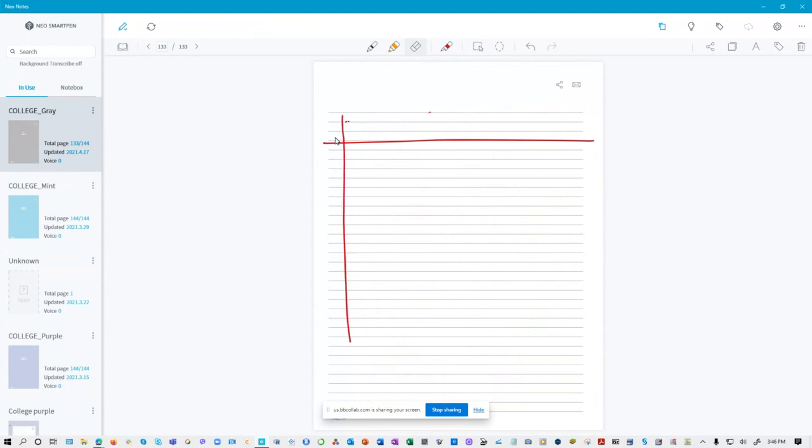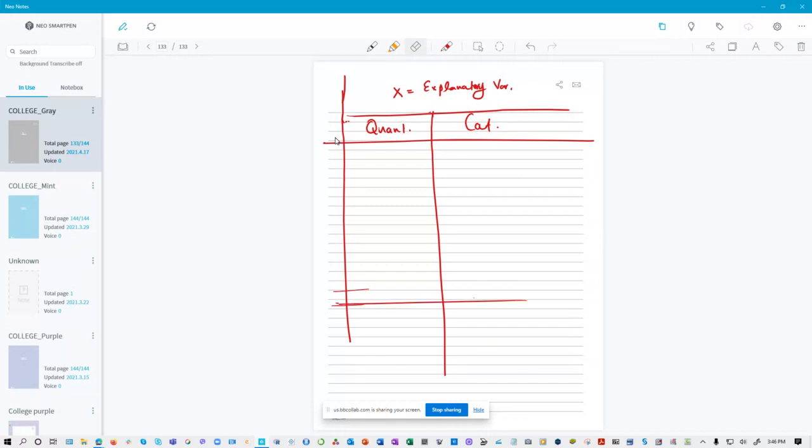And here I'm going to say X, explanatory variable. And here you have quantitative, here categorical. I'm going to leave more space for them to write here.